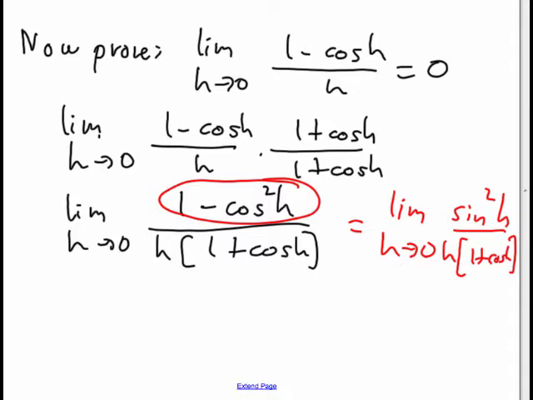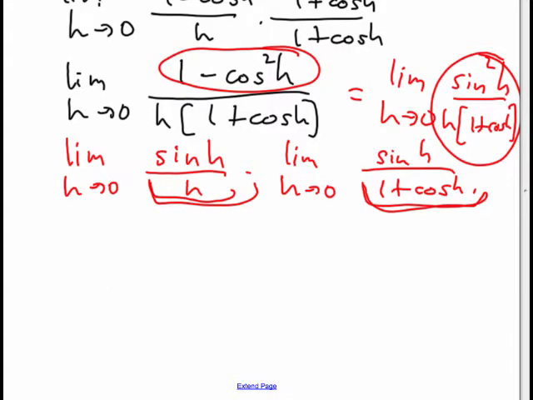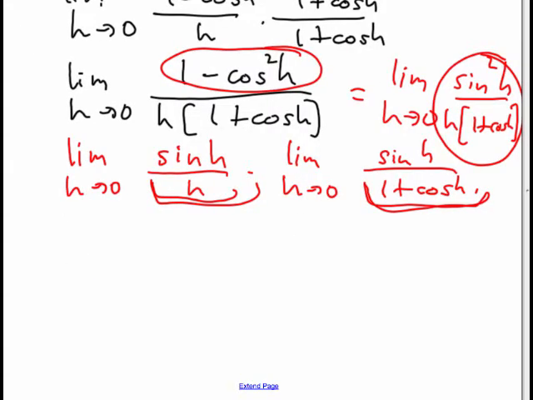And then I'm going to break up my last step as follows. Sine h over h times, well, we've already shown that this is 1. And let's try to evaluate the second part.